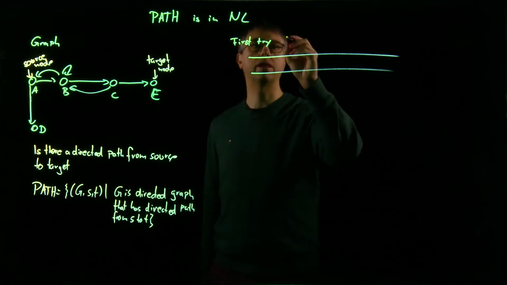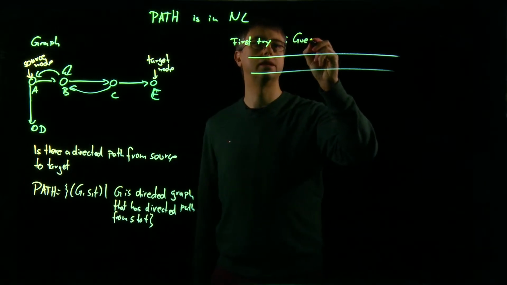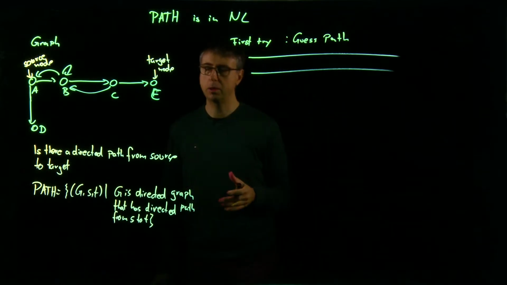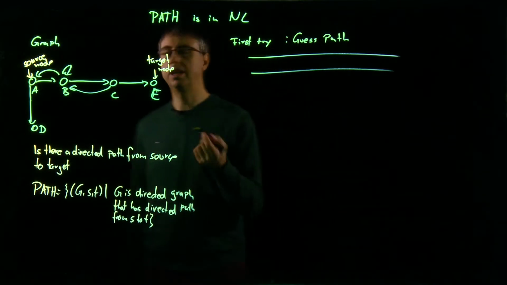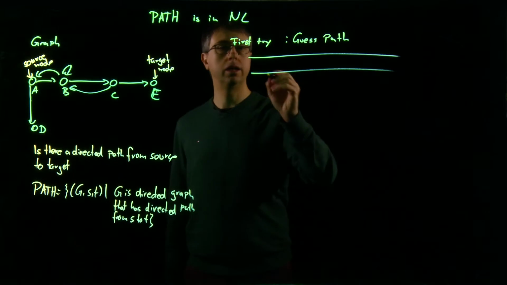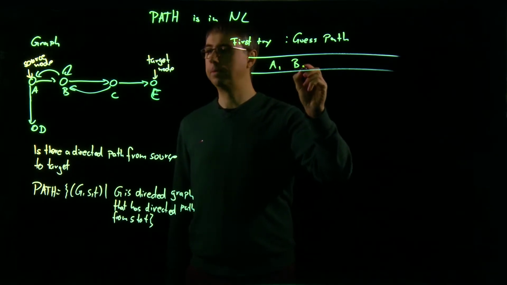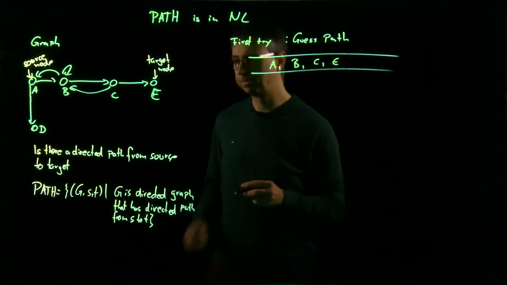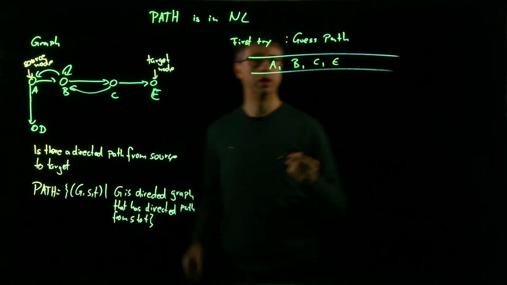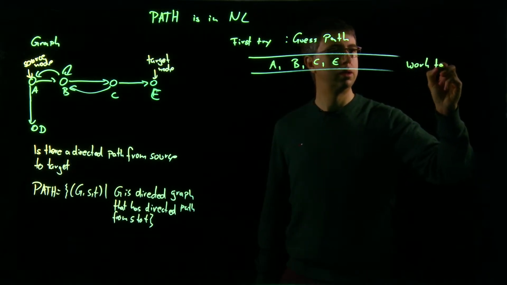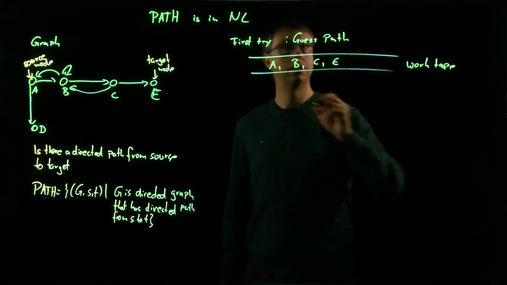Because it's non-deterministic, we are allowed to guess. Let's say the path that will work is A, B, C, and E. We write it on the work tape, guess path, and then check.